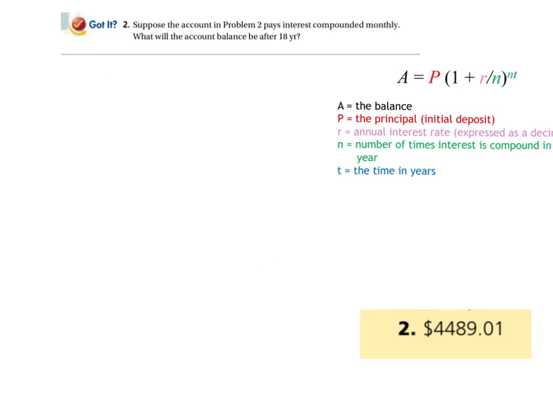We'll do your Got It 2 on the next page. To help us model that, use that last one as a model. We'll use the same problem, only this time we're going to compound interest monthly for the same 18-year period. So we know that we have $2,000 in there, so A equals $2,000 times 1 plus that 4.5%, so 0.045 over 12, because monthly is 12 times a year, right?